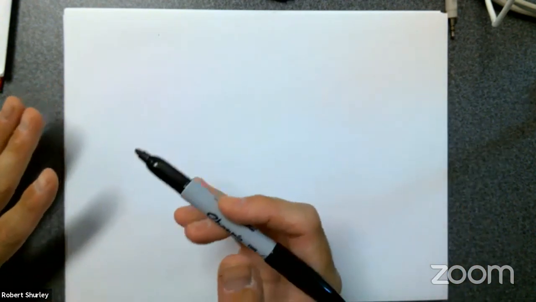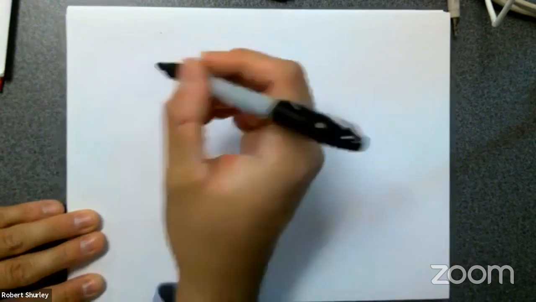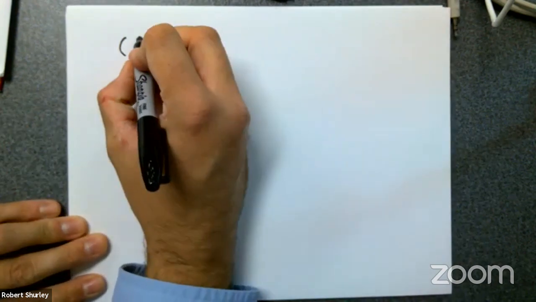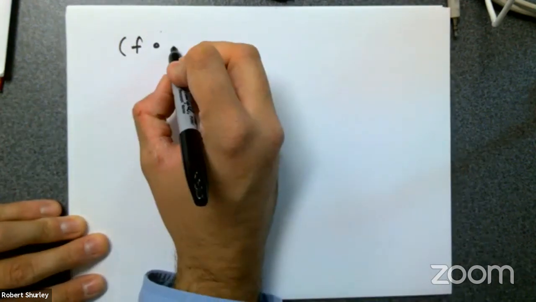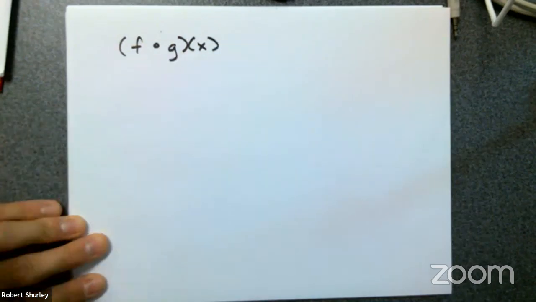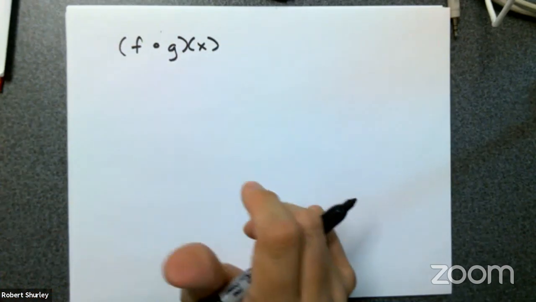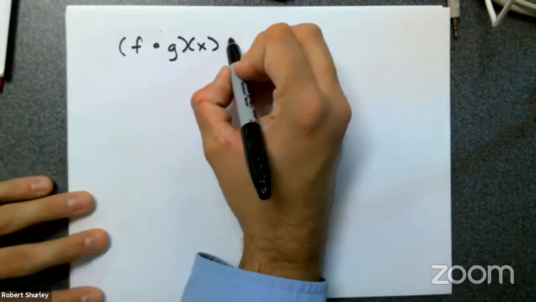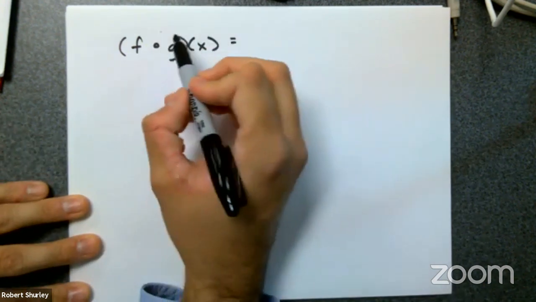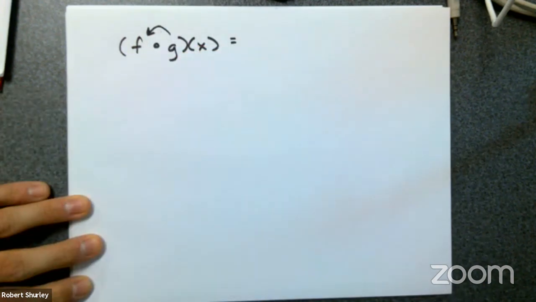So let's start with just the definition. The definition of a composition is that you're taking the Y values of one function and plugging them into the X values of another. It looks like this: F, and we use this little circle, F composed of G. That means you're taking the G function and putting it into the F function, okay?